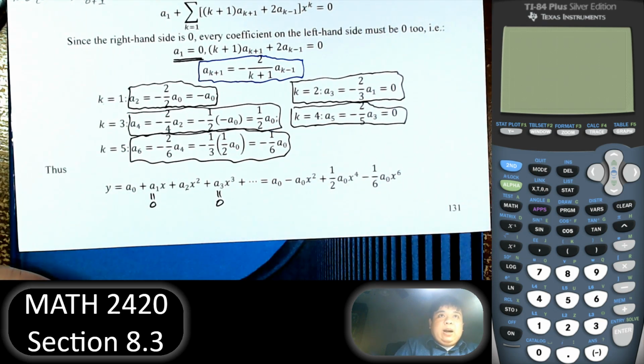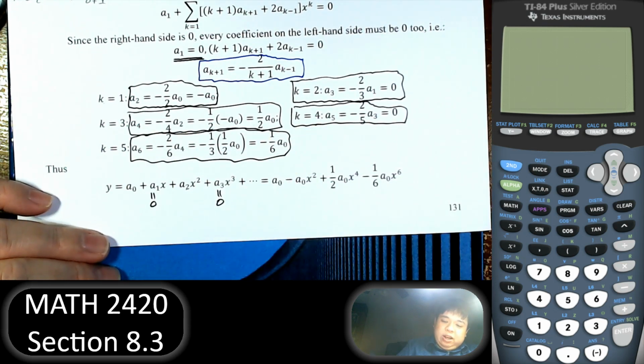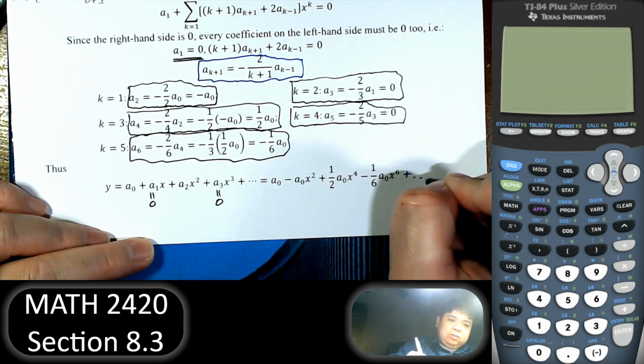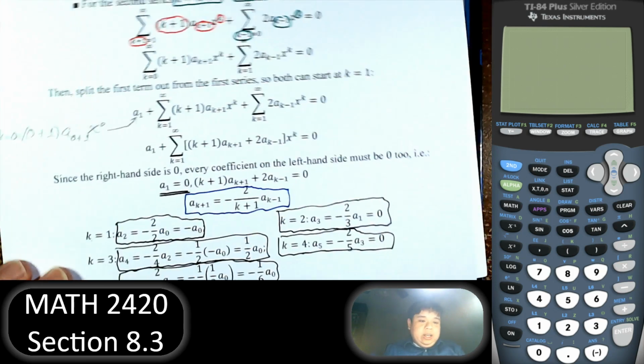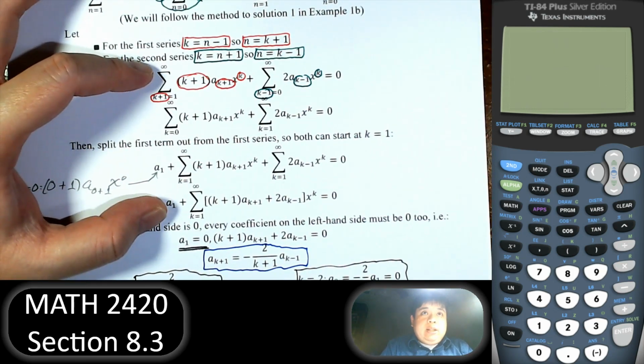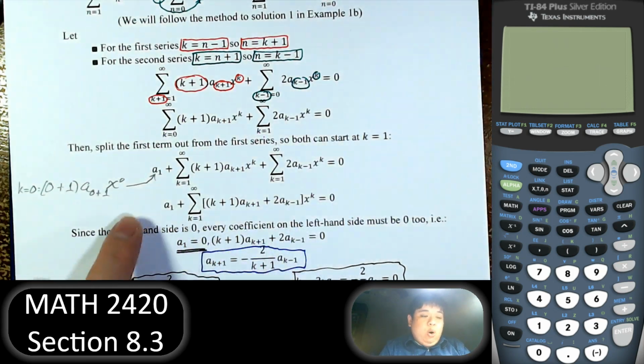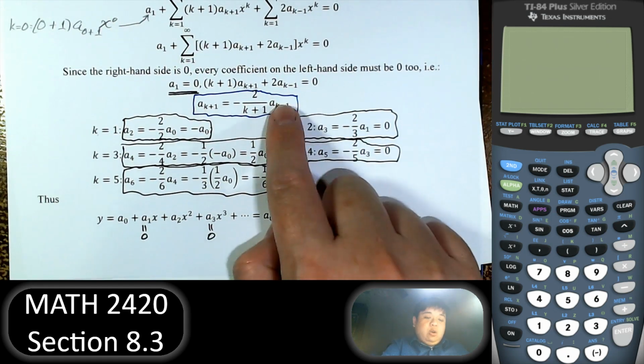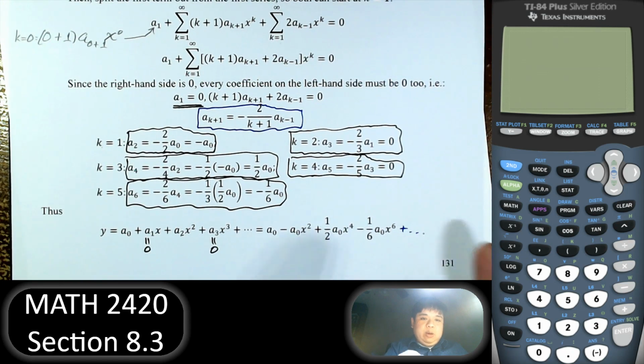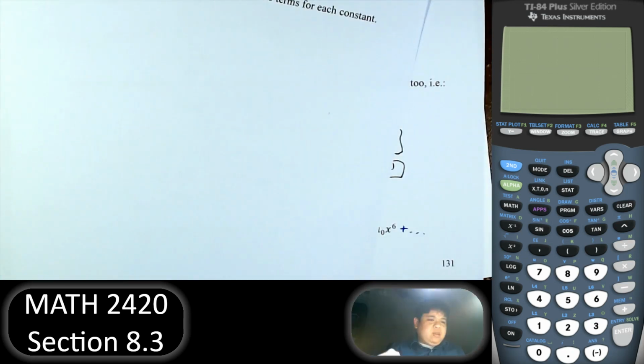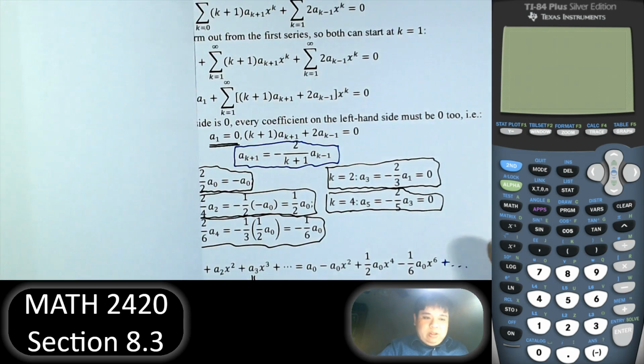So when we put all the coefficients in, that's what we have. So essentially, we just combine the power series. If it is equal to 0, all the coefficients have to be 0, and then we just solve for that recursion relation, and we have all the solution. So that's all we do. So simple enough, right?